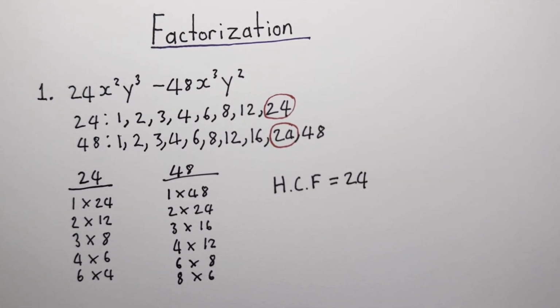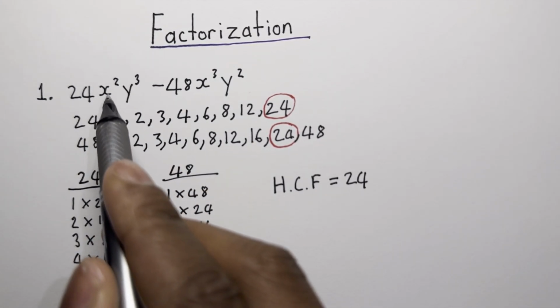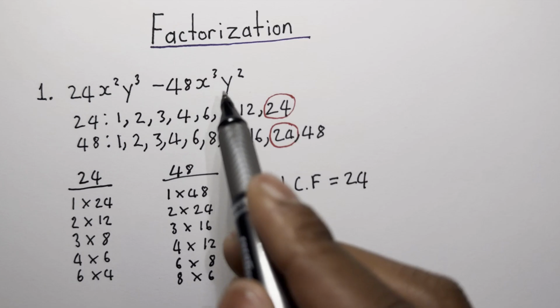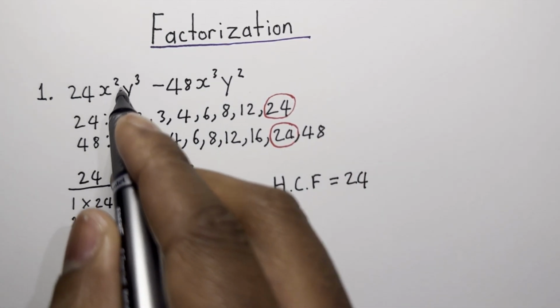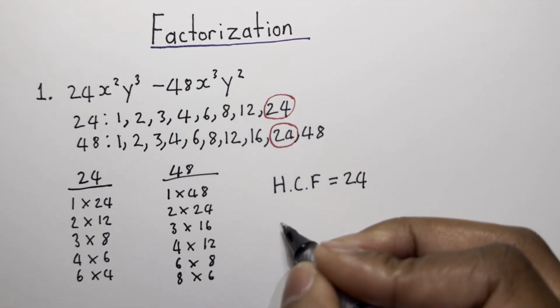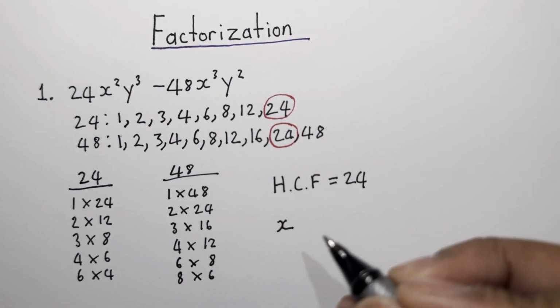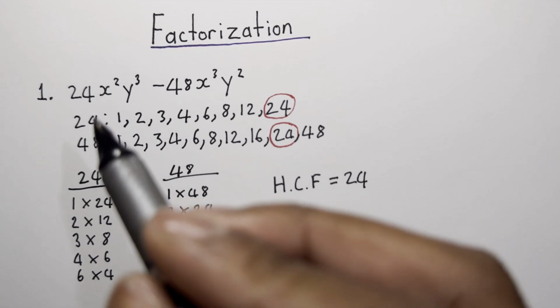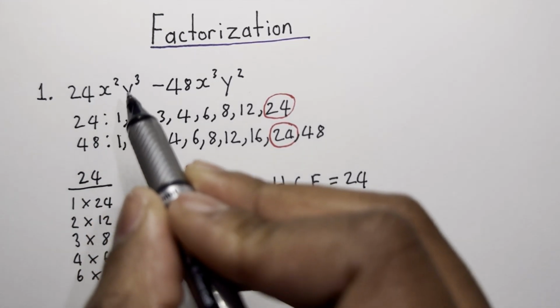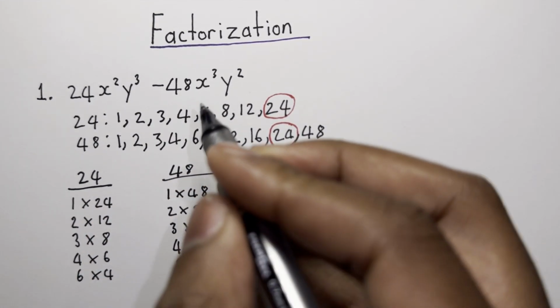No, we are not finished. We have to look at the x terms and the y terms. So in this part of the problem, we have x squared and at this part we have x cubed.